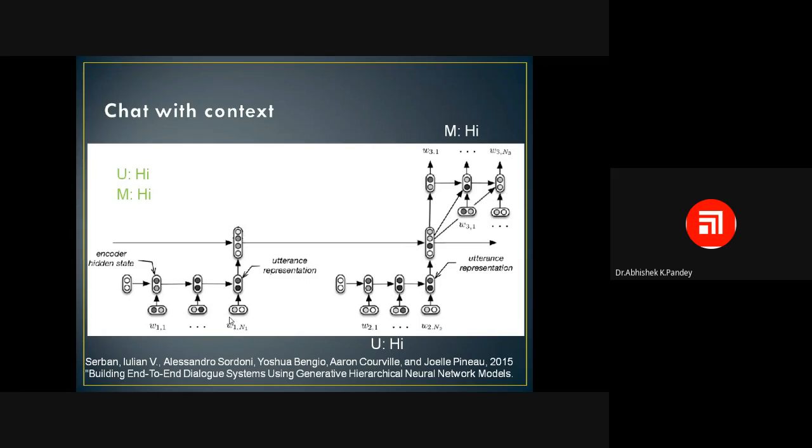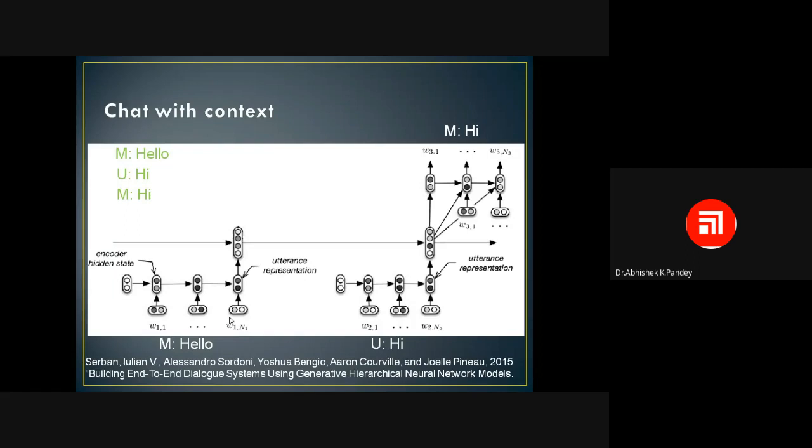LSTM can solve numerous tasks which are not solvable by the previous model, that is RNN, recurrent neural network.